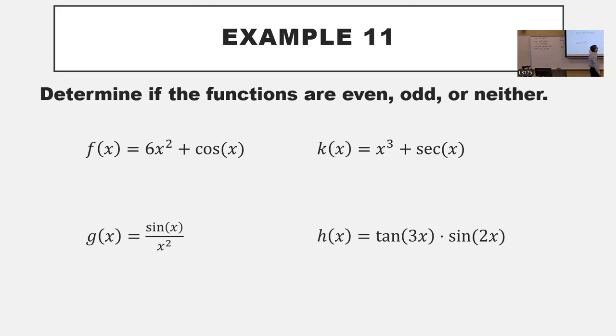And in a similar way, this last one, h of x, which is tangent times sine. We know that tangent is odd. We know that sine is odd. If I multiply an odd function times another odd function, I get an even function, kind of like the way negative times negative gives me a positive.